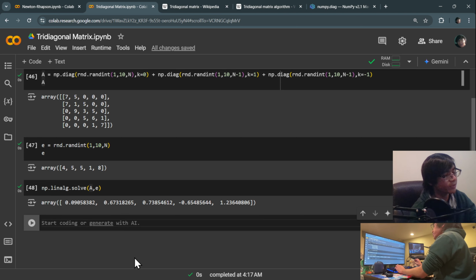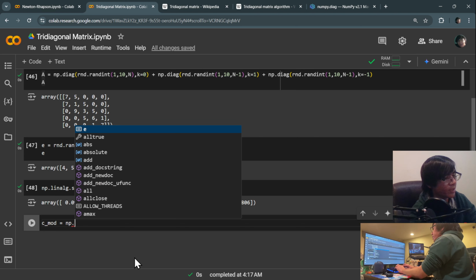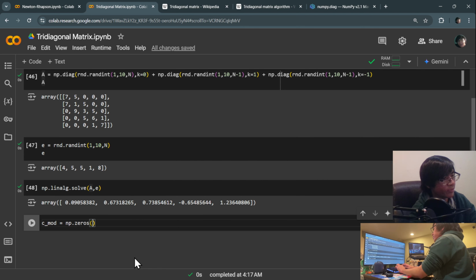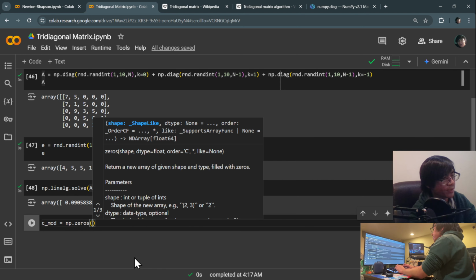So let's do zeros of our modified values first for both those arrays, since we'll be needing to store them, as I mentioned before. So C mod maybe, or C star. Mod. So that is an array, zeros for now. We'll be plugging things into it later.